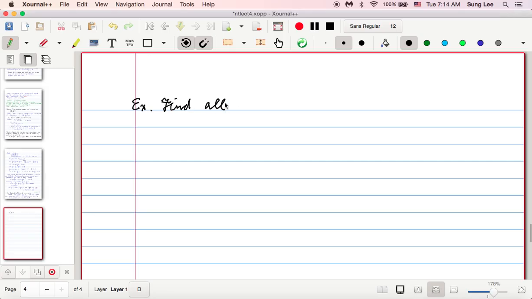Find all positive solutions for 4x plus 6y equals 100.